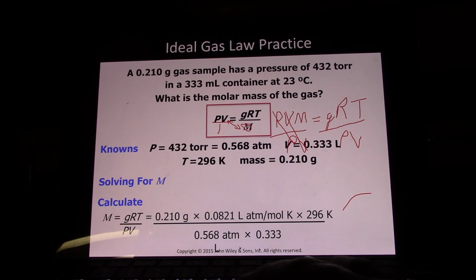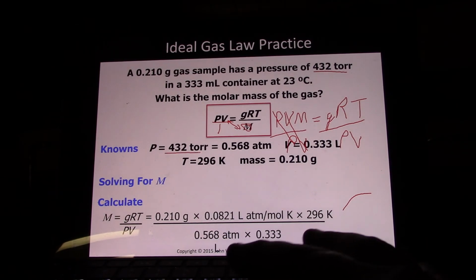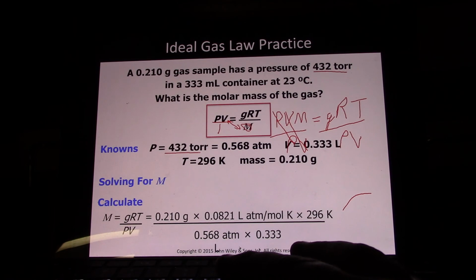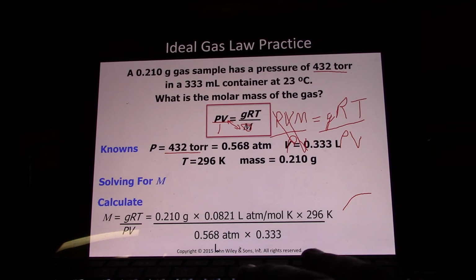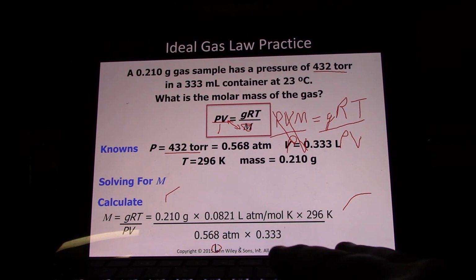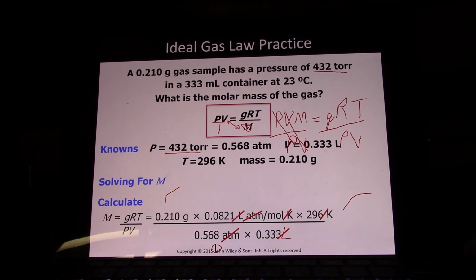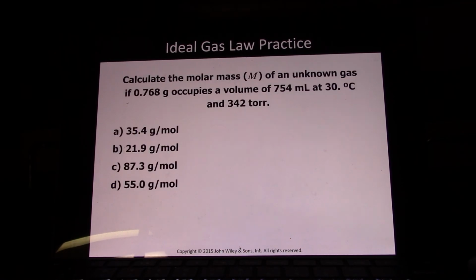And then in the bottom we have the 0.568 atmospheres, which they converted from torr. So 432 torr times 1 atmosphere divided by 760 torr gives us 0.568 atmospheres. And then we converted 333 milliliters into 0.333 liters. And the liters is down here. It should be over there. Make more sense. And we get an answer of 27 grams per mole.